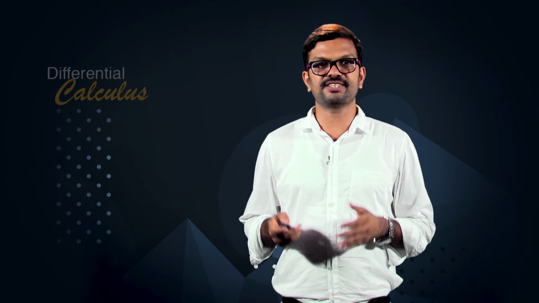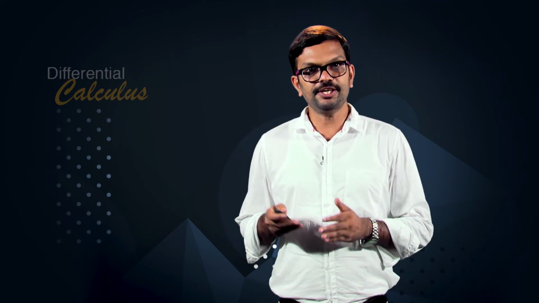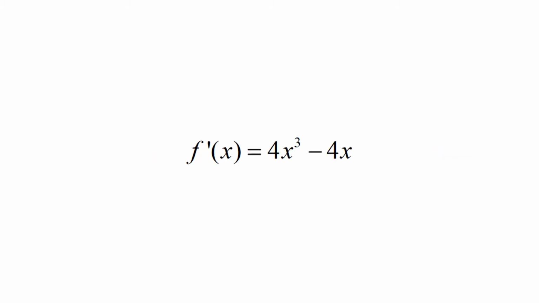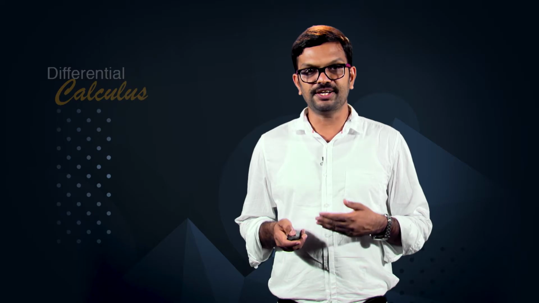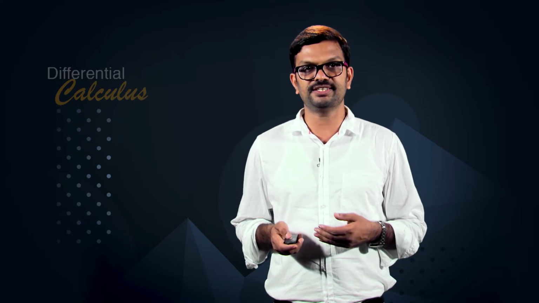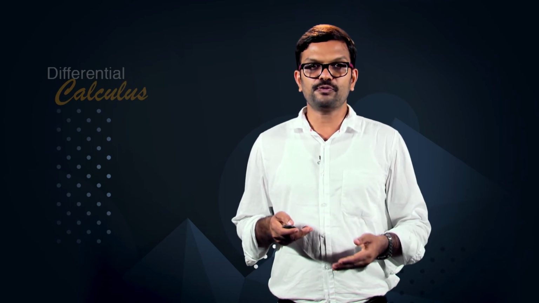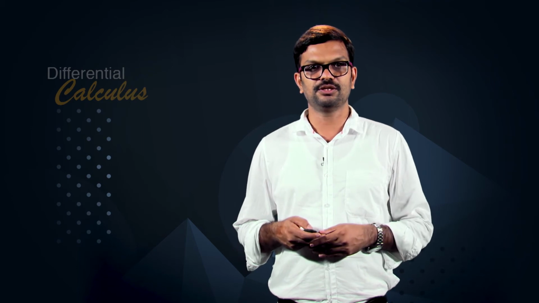Therefore, we analyze the nature of f in each of the intervals minus infinity to minus 1, minus 1 to 0, 0 to 1 and 1 to infinity. Since f'(x) equal to 4x cubed minus 4x is continuous and never 0 inside the interval minus infinity to minus 1, f'(x) must be either positive or negative throughout this interval.